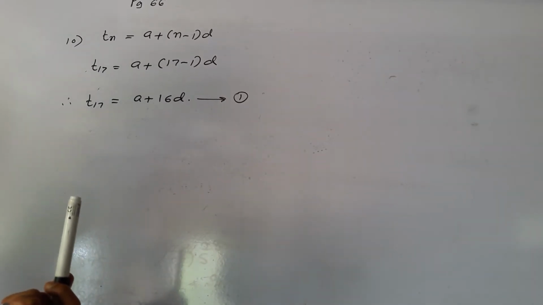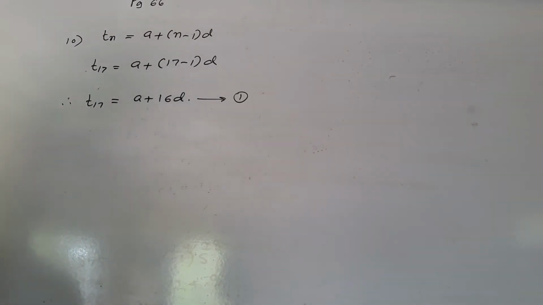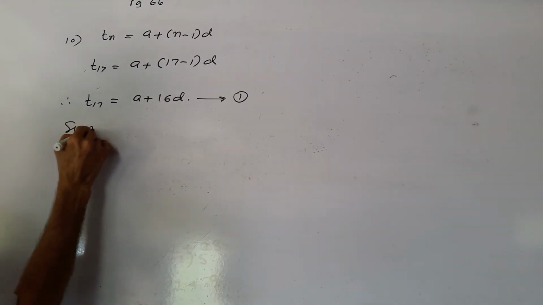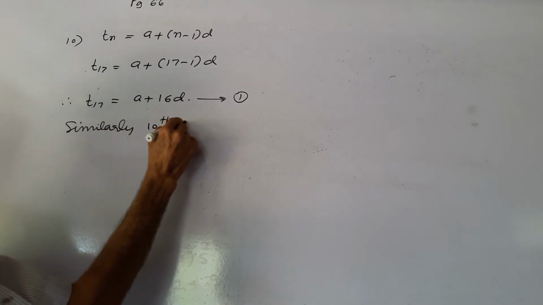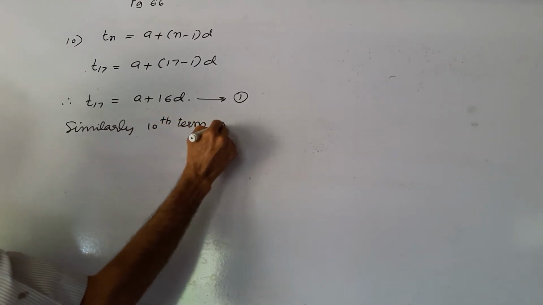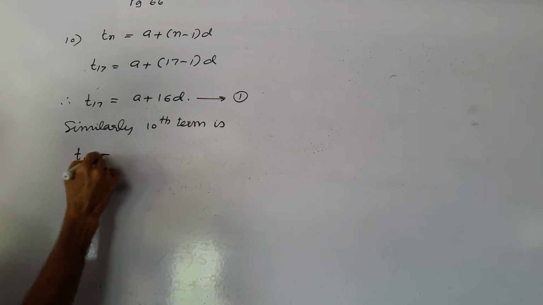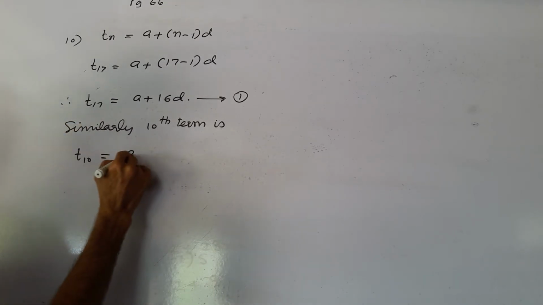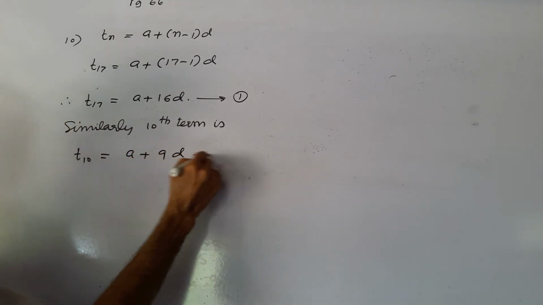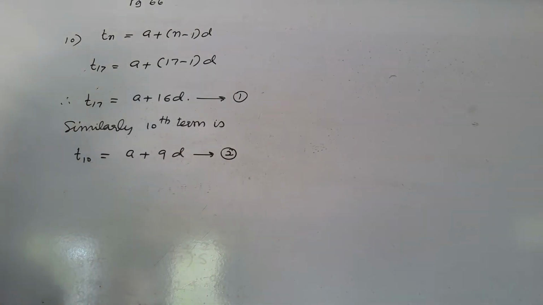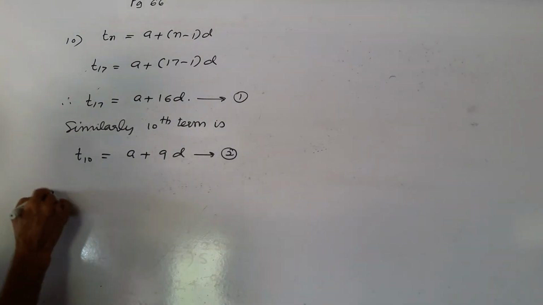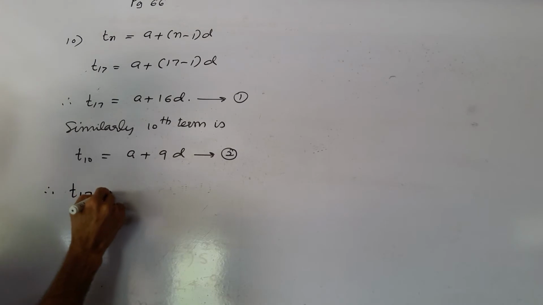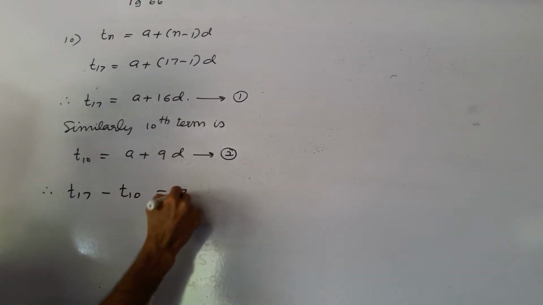This is the 17th term, which is 7 more than the 10th term. Similarly, T10 is equal to a plus 9d. Now by condition, the 17th term is 7 more, and therefore T17 is greater than T10 by 7.